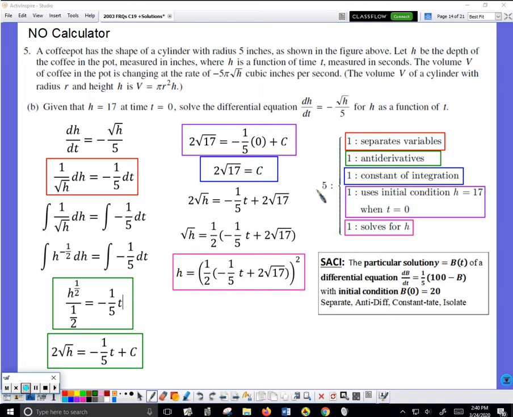Now I need to get the equation back over here. I found c, so I'm going to rewrite this. You'll notice here's 2 root h, 2 root h, equal, negative 1/5 t, negative 1/5 t plus c. Here's c. I need to get the h alone, so I'm going to multiply both sides by 1/2.